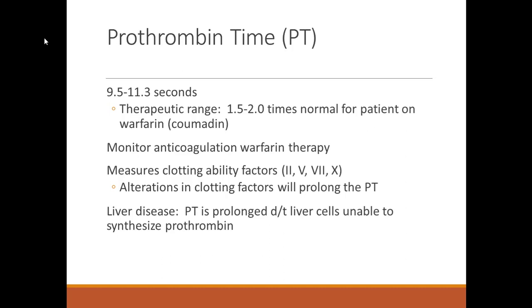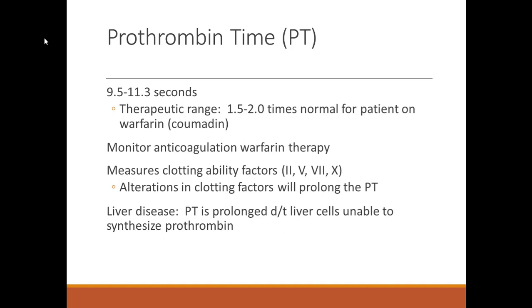However, somebody who is on warfarin, we want to see 1.5 to 2 times the normal of 9.5 to 11.3. Because when they're on a blood thinner, we want to make sure that their blood is thinner than average. PT is used for warfarin or Coumadin, whatever one you want to call it.